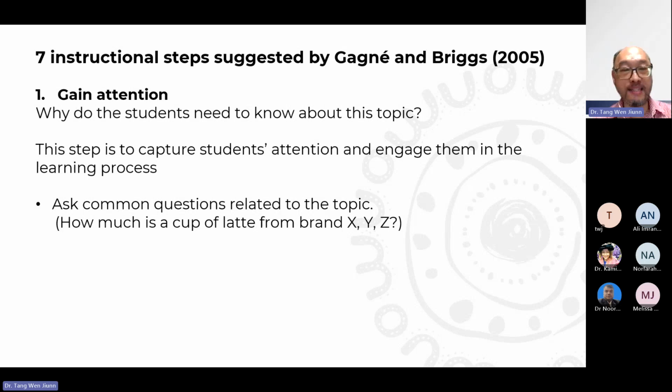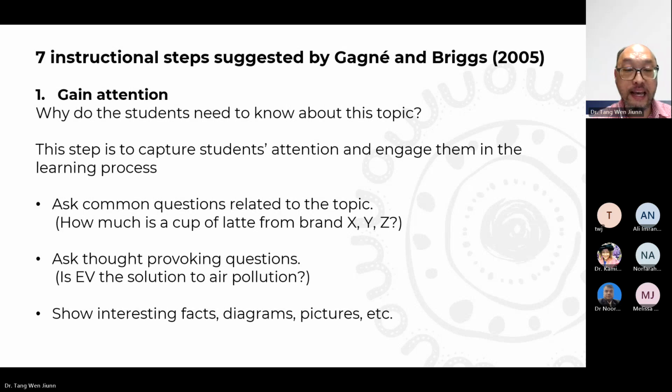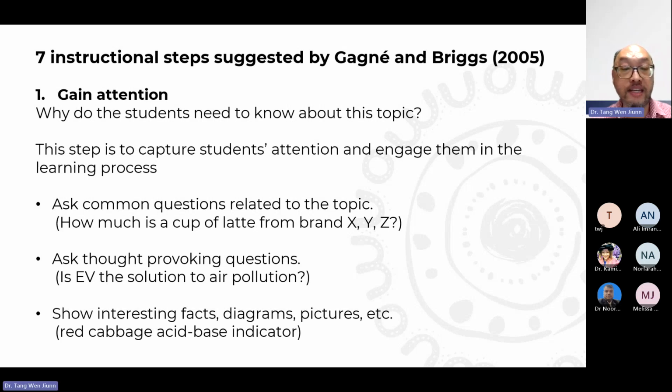From there itself, you can gain their attention. They will start answering you, and then you can lead them to the next step. Ask thought-provoking questions and also show some interesting facts, pictures, diagrams, or even a demonstration to gain their attention. So that's the first step, to gain their attention.